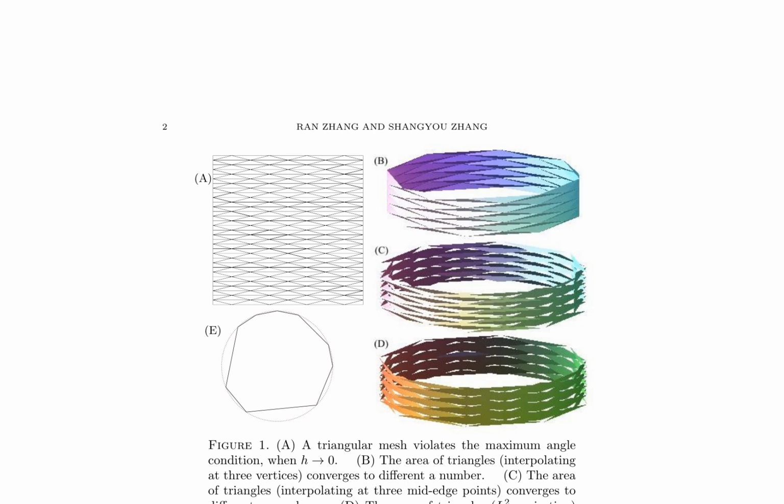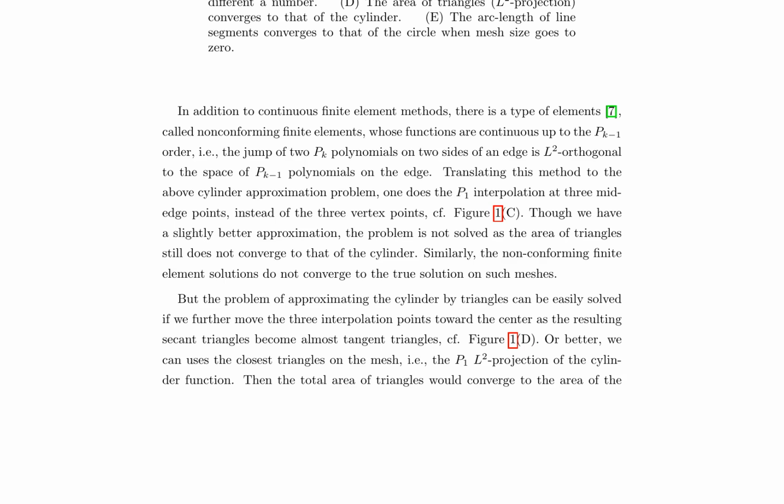In contrast, nonconforming finite elements exhibit continuity up to the P_{k-1} order, ensuring that the jump of two P_k polynomials on two sides of an edge is L2 orthogonal to the space of P_{k-1} polynomials on the edge. When applied to the cylinder approximation problem, P1 interpolation at 3 mid-edge points yields a slightly better approximation, but still fails to converge to the true solution.